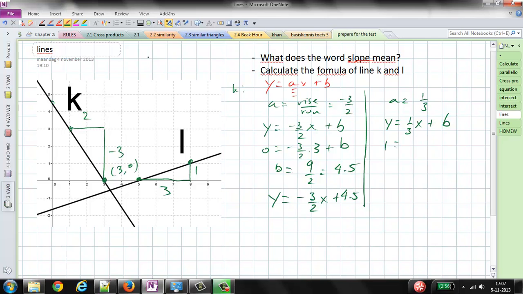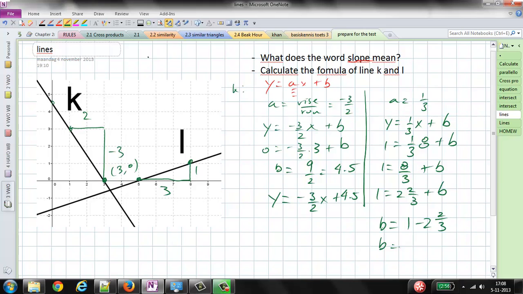8, 1, so 1 is going to be 1/3 of 8 plus b. So 1 is going to be equal to 8/3 plus b. 8/3 is equal to, let's see, 2 2/3 plus b. Then I've got b is equal to 1 minus 2 2/3.